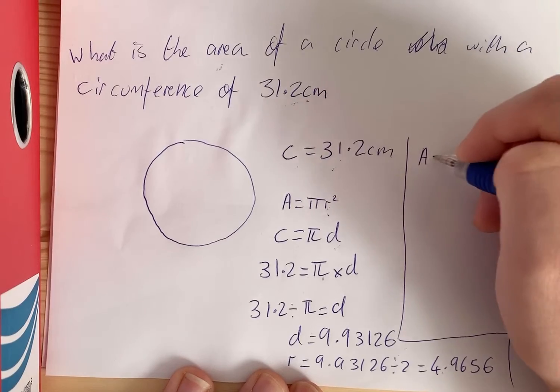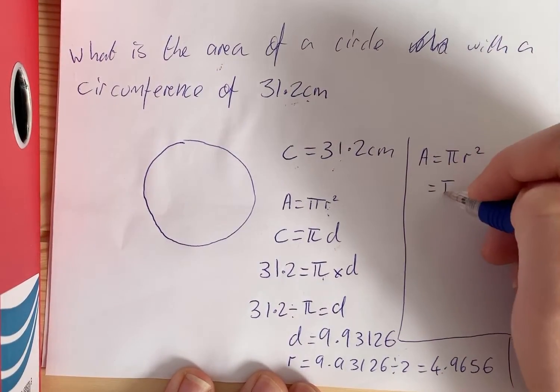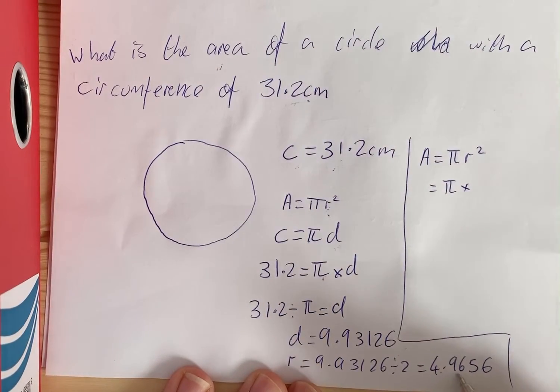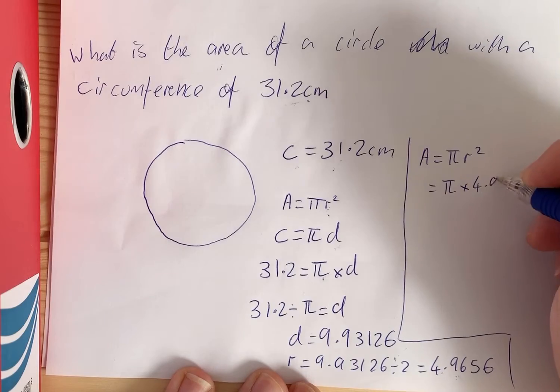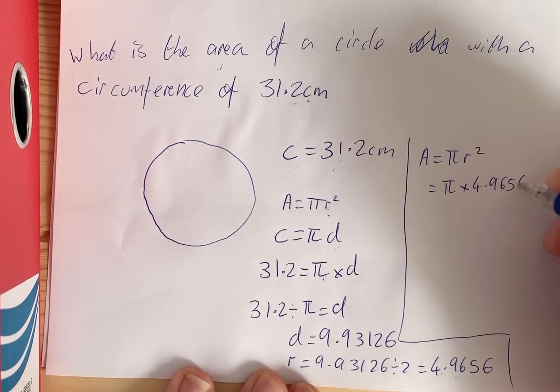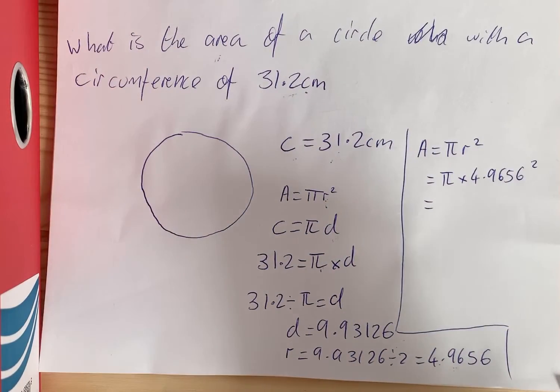Okay, so we know the area is equal to pi r squared. This is pi times the radius, which is this thing here, so it's times 4.9656 squared. And again, just use my calculator. Pi times the squared.